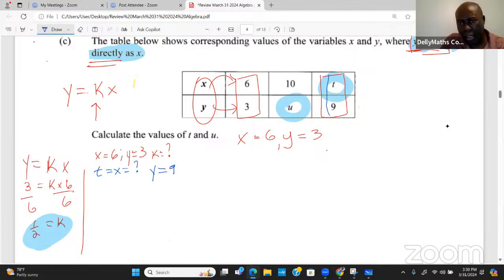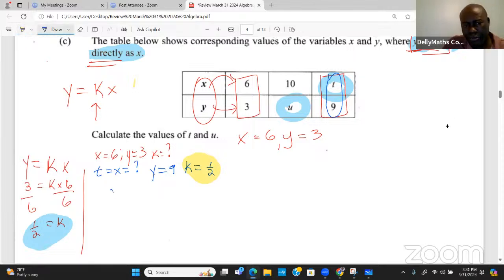So you read the column to get the idea. K is the constant. That means when everybody is changing, k will remain as a half for this question. So let us continue working.